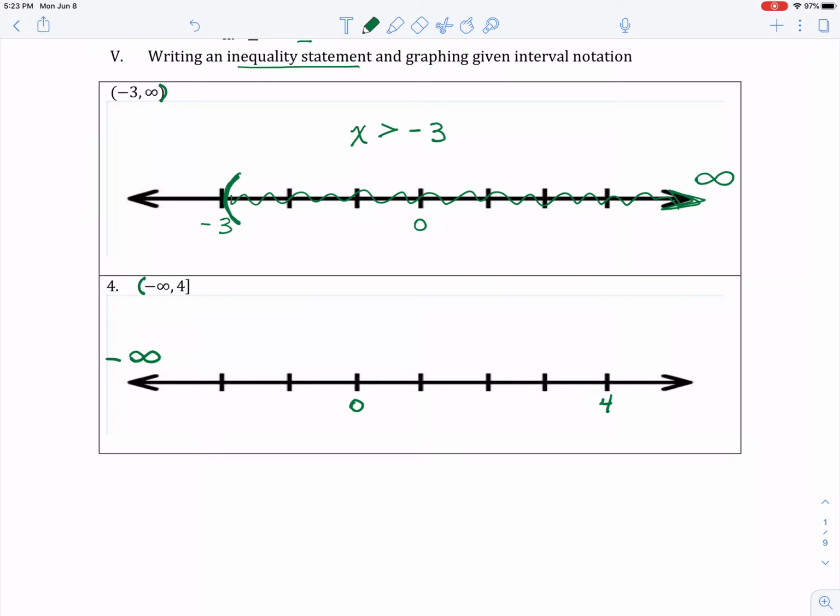And then we're going all the way up from that point at -infinity, which we cannot reach, all the way up to including, so there's our bracket, including the positive 4. So that's the way it looks when we graph it on a number line. When we look at it in an inequality statement, we would be looking at x less than 4. So that would include all the numbers on the number line, all real numbers that are less than 4.